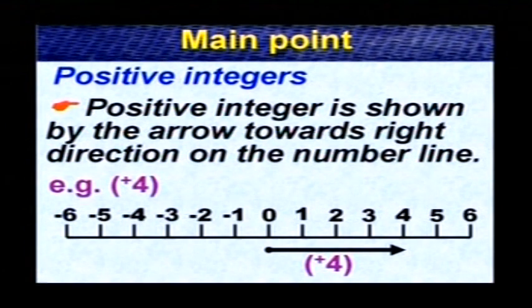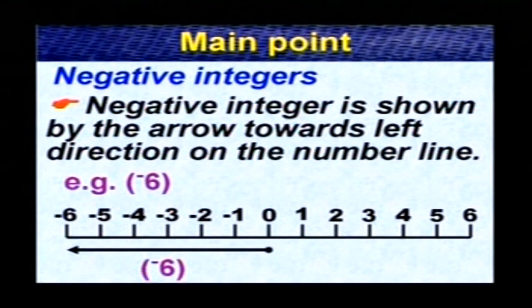You can see an example there, which is positive 4. Positive 4 shown on the number line, which direction is it going? To the right. Where is it starting from? Starting from 0 and finishing at the unit 4.